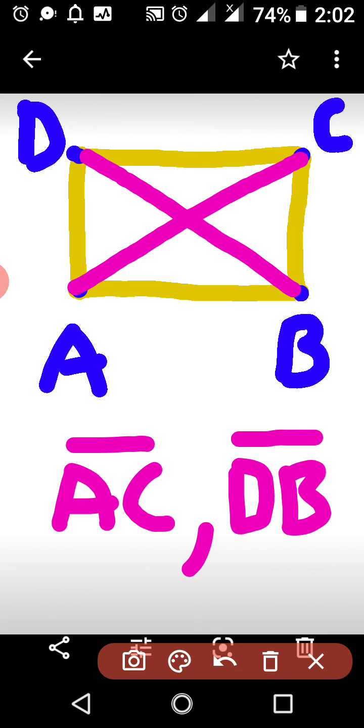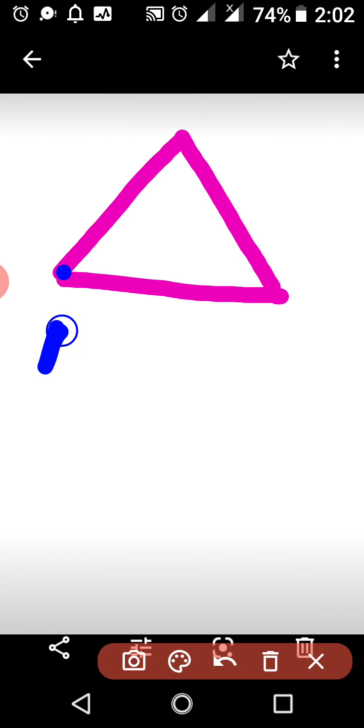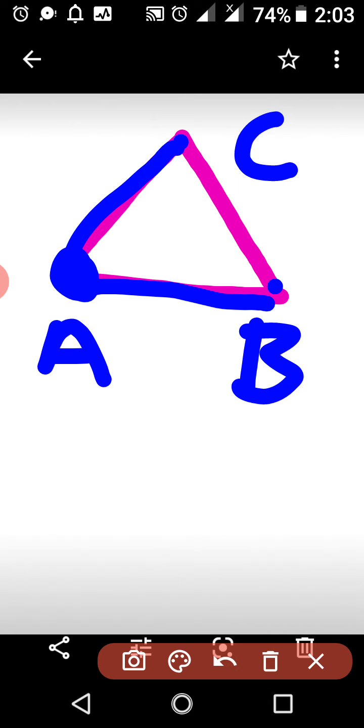If you take another type of polygon, I am taking a triangle here, which has 3 vertices A, B, C. Here A and B are adjacent to each other, B and C are adjacent to each other, C and A are adjacent to each other. For A there is no opposite vertex, because B is adjacent and C is also adjacent.